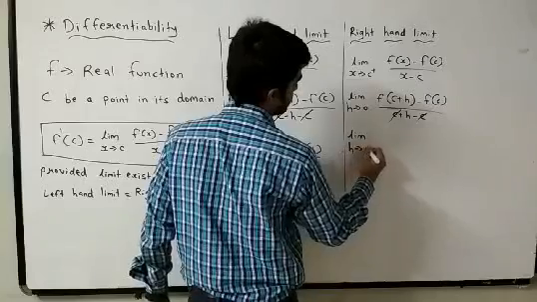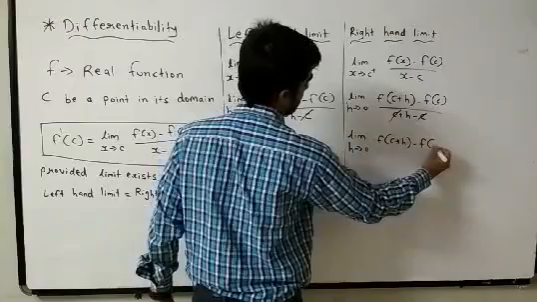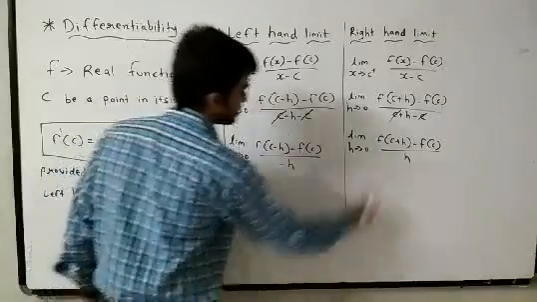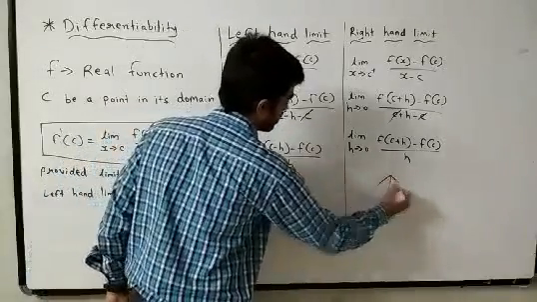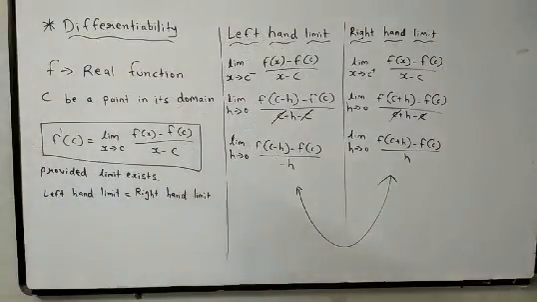Limit h tends to 0, f of c plus h minus f of c by h. These both must be equal.